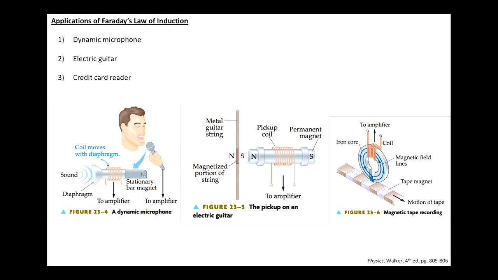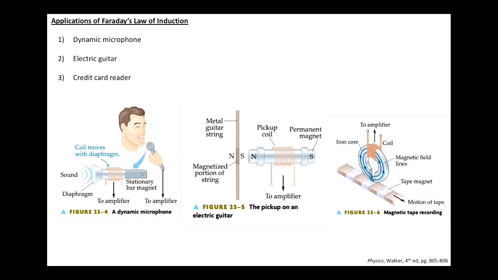That changing flux is going to generate a current, and we can connect that to an amplifier and amplify the current and look at it, or play it back through loudspeakers, and it'll match the pattern in exactly the opposite way, okay? So there's one case.